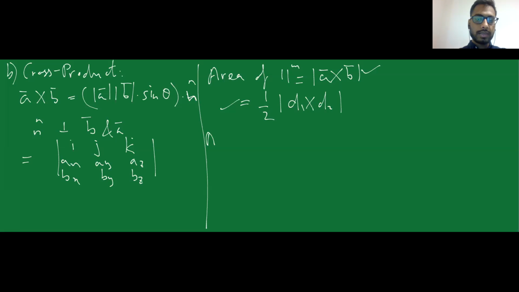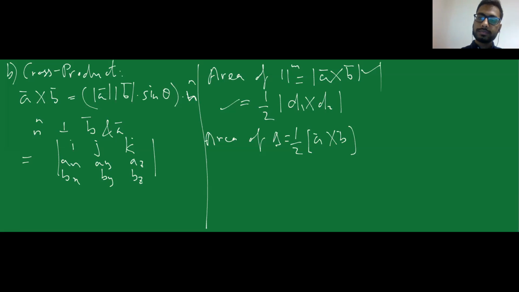After area of parallelogram, we can also get area of triangle. Area of triangle is nothing but half of area of a parallelogram. So if area of parallelogram is A cross B, area of triangle is going to be half of A cross B. In one parallelogram, you can easily obtain two triangles.